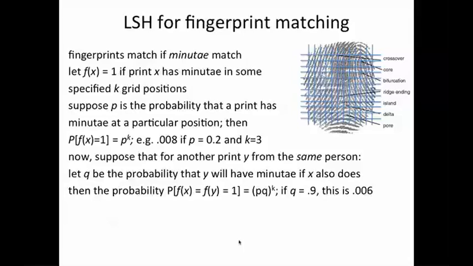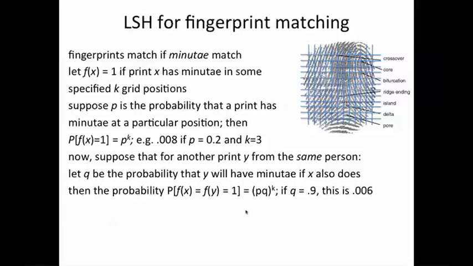But then y also has to have minutiae in the same k positions, so you multiply by q k times, so you get p times q to the k. If q is 0.9, that means there's a 90% chance that y will have minutiae if x also does in a particular cell, then p q to the 3 works out to 0.006.